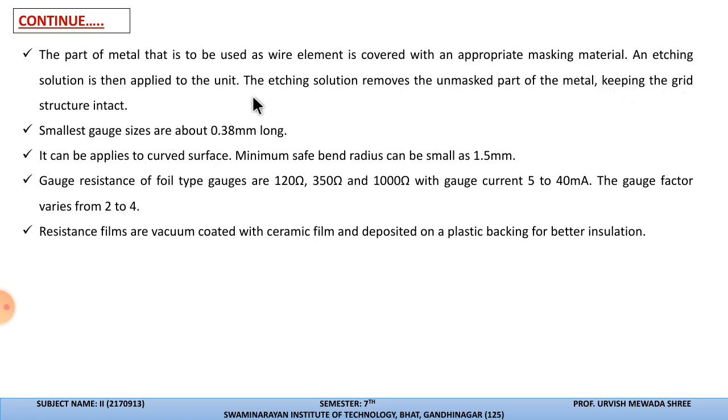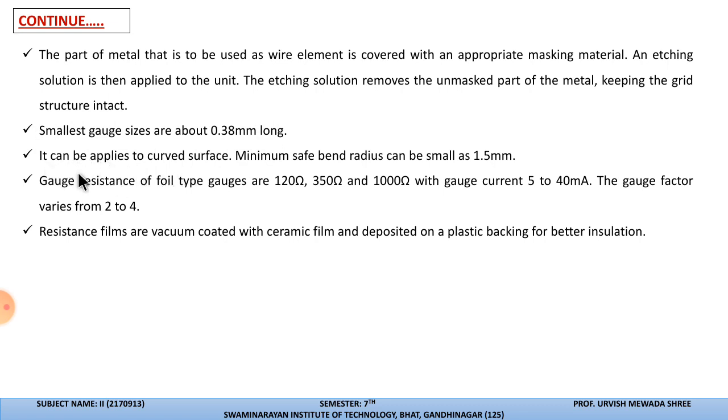Generally it provides the whole grid structure on the base. The smallest gauge size is about 0.38 mm long. So from this you can imagine the size of the gauge. It is very sensitive and very accurate compared to the bonded wire strain gauge.